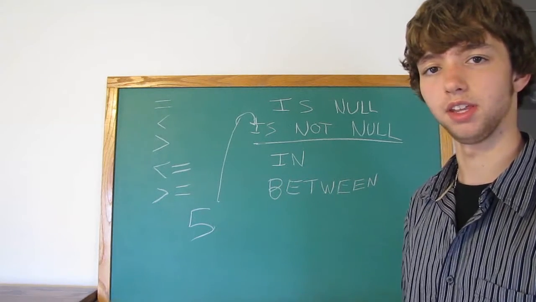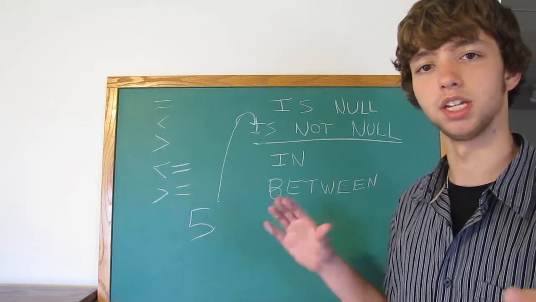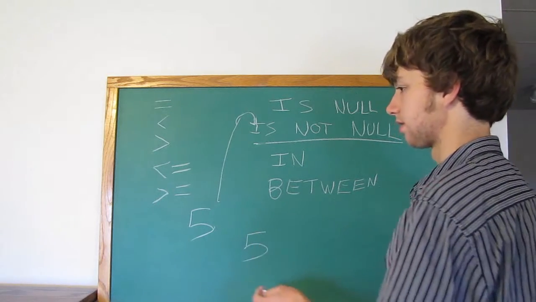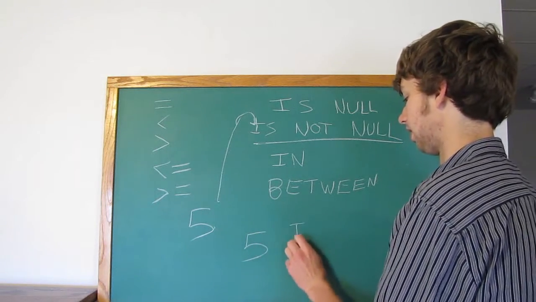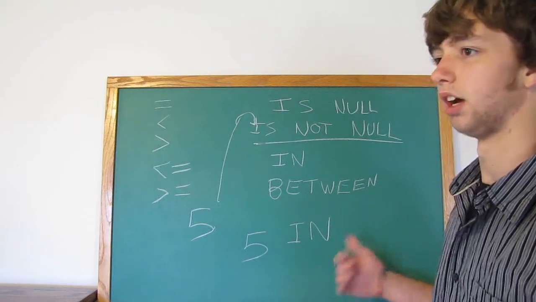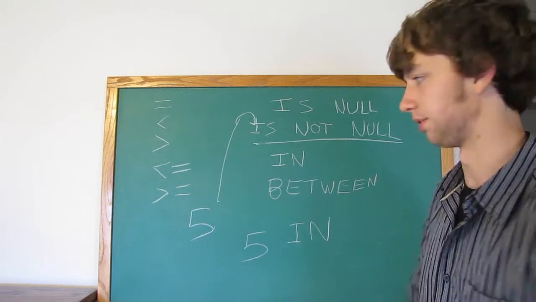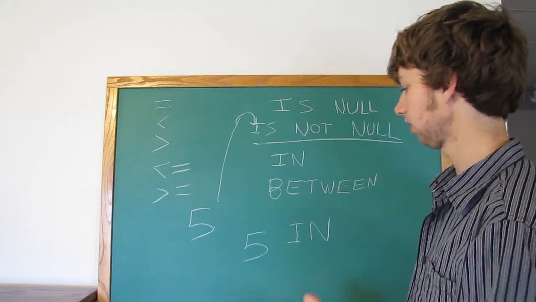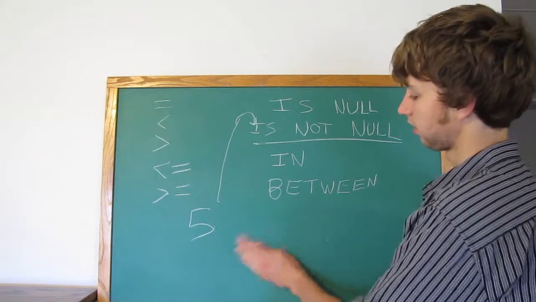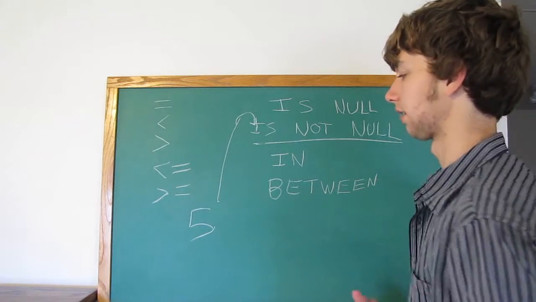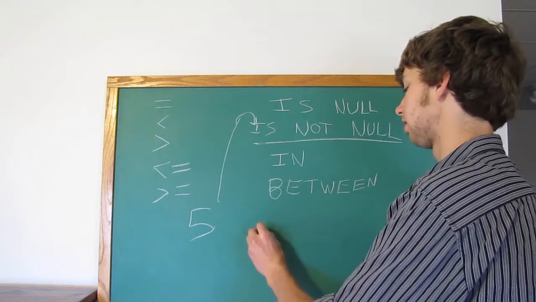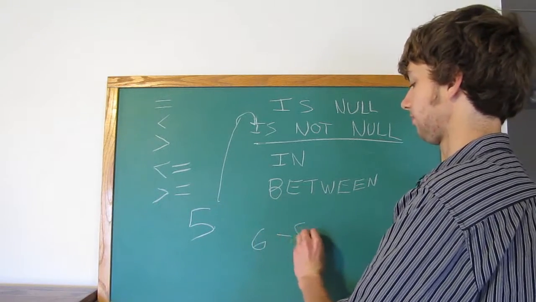The next one is in. This is the value within a set of options. So like, is 5 in, and then a list of possible values, and if one of them is 5, then it's true. Now between, this is for numbers. Say, is 5 between 6 and 8?